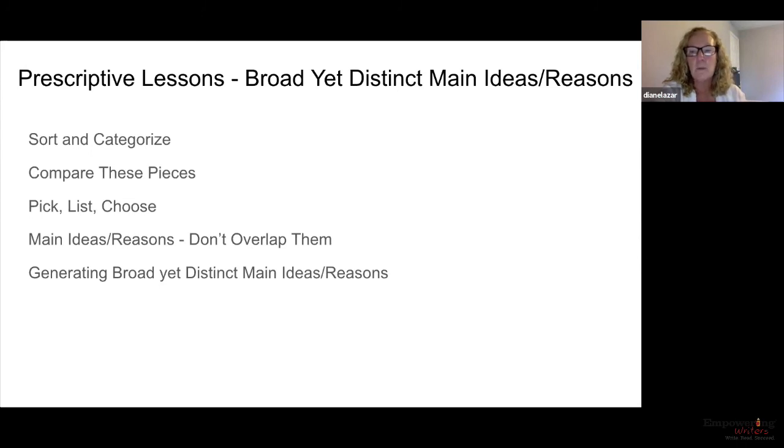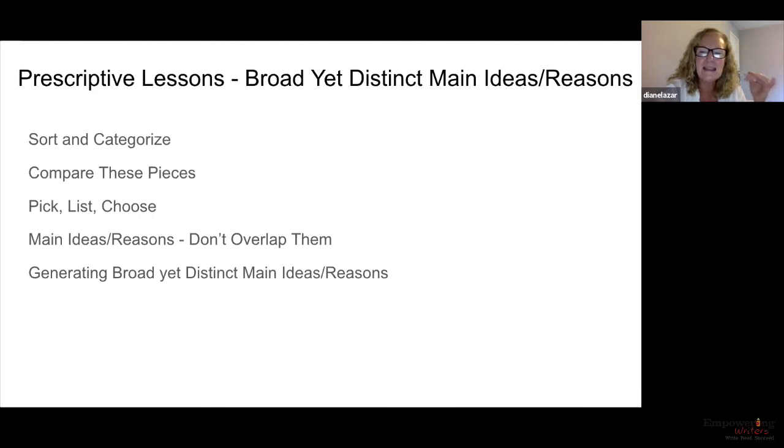Had we run the pick, list, and choose strategy before we ever wrote that autumn piece, guess what? Olivia probably would have had stronger main ideas to draw from. Main ideas like changes in nature or sports, activities, outdoor activities, clothing.